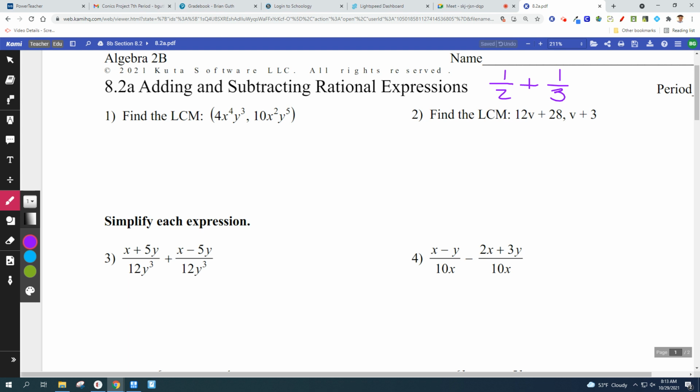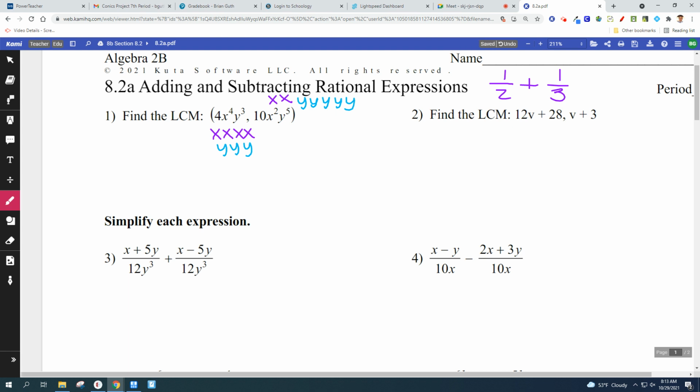All right. So find the LCM. I think it's probably easier to do the variables. X to the fourth means this, and x squared means this. Y to the third means this, and y to the fifth means this.